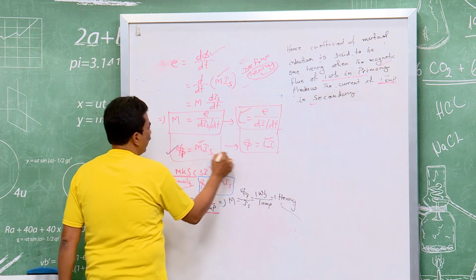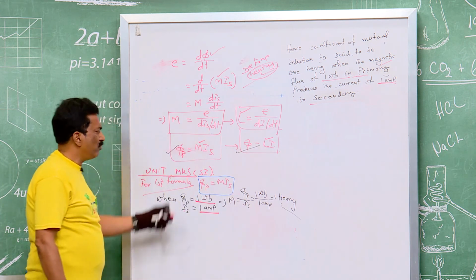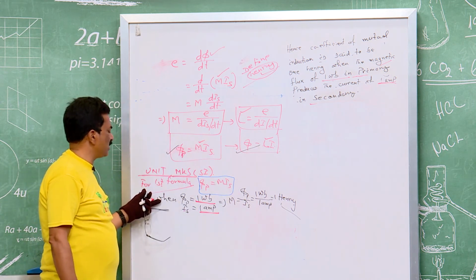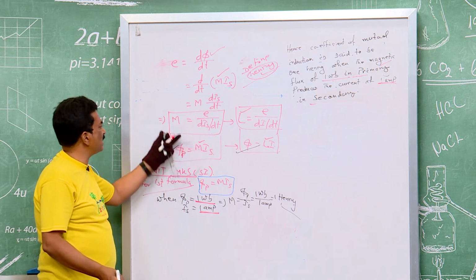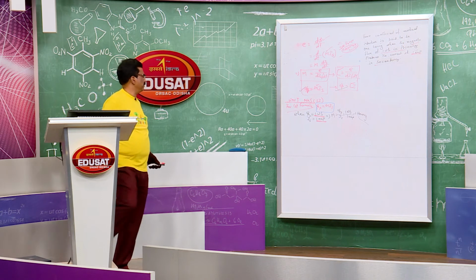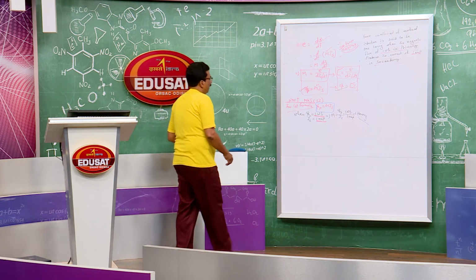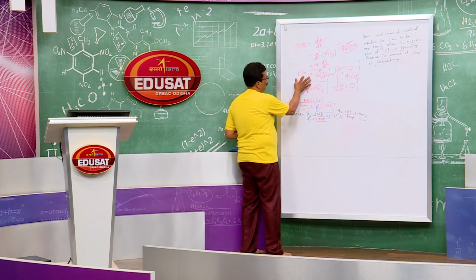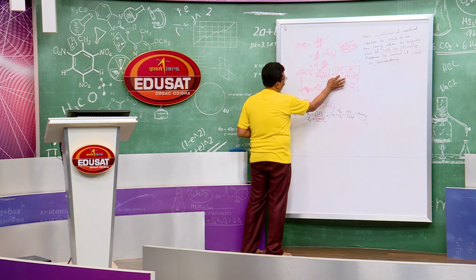So, regarding the first expression, we defined the M, case 1. Similarly, we will go for the CGS and the second definition also. As per our discussion, M for the mutual and L for the self.